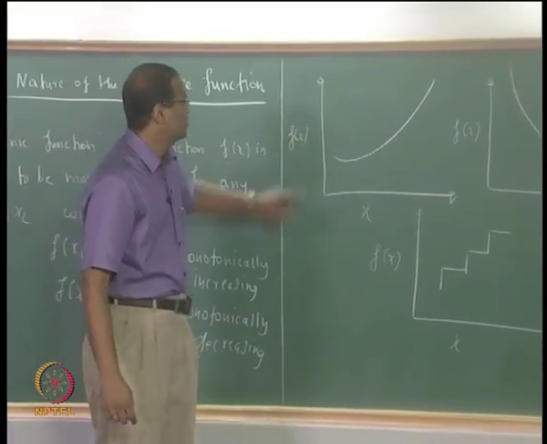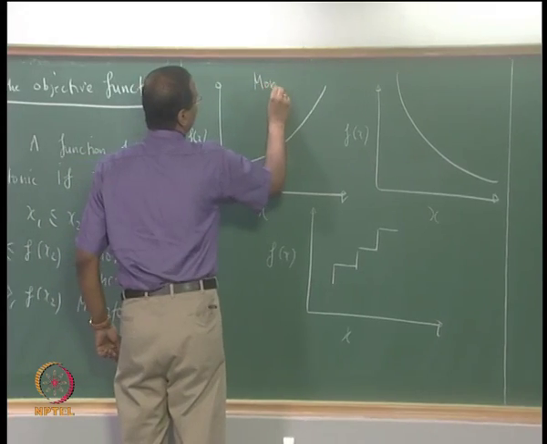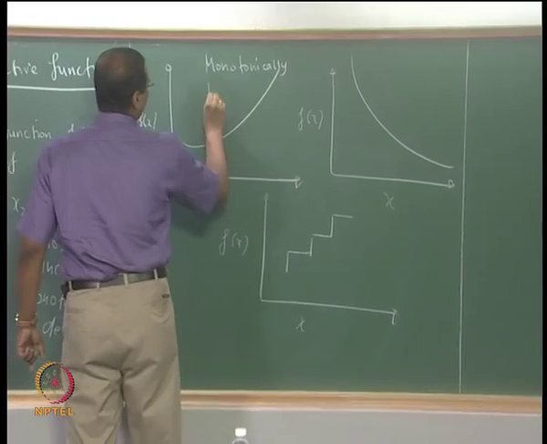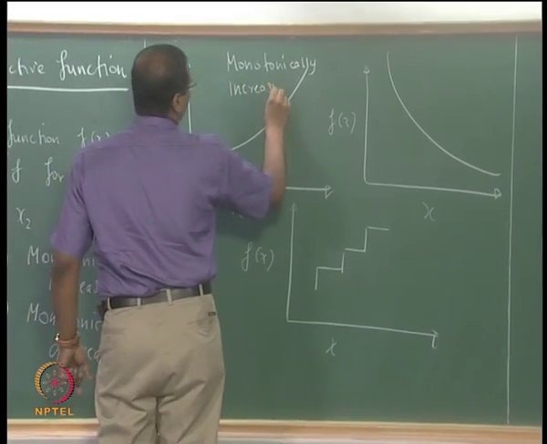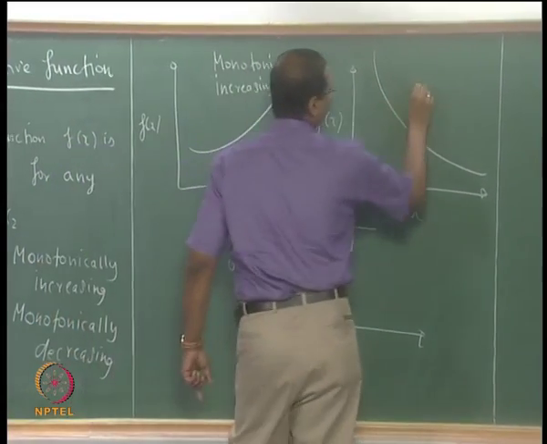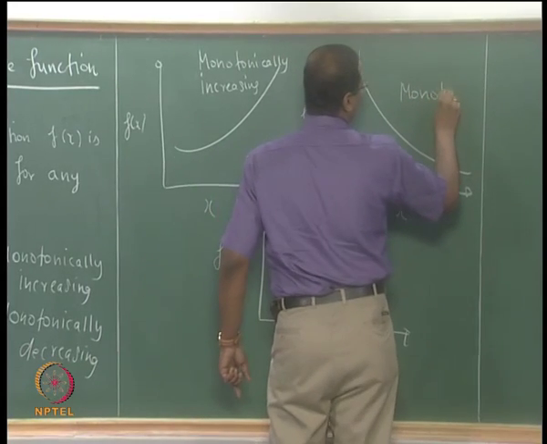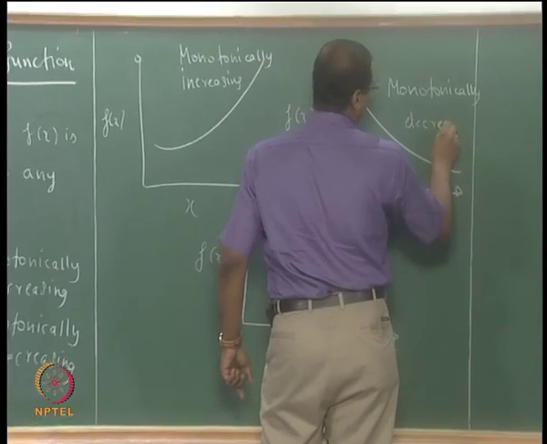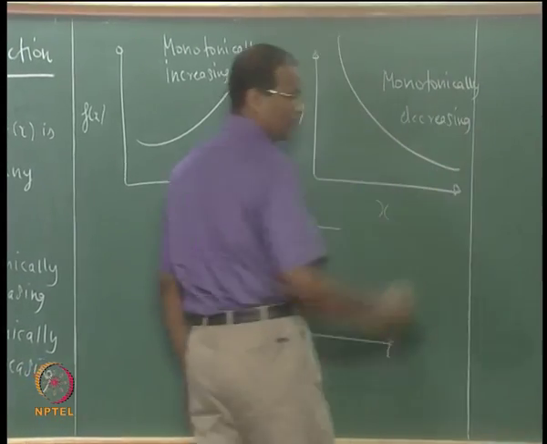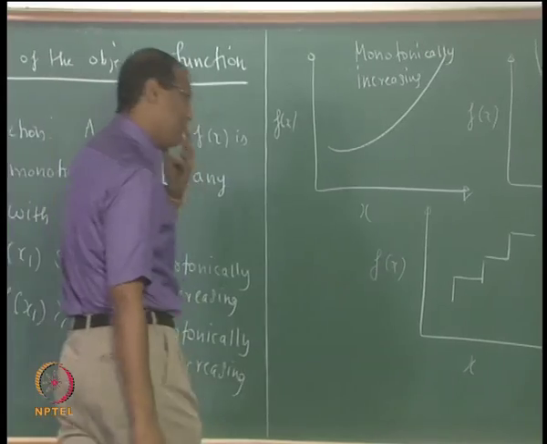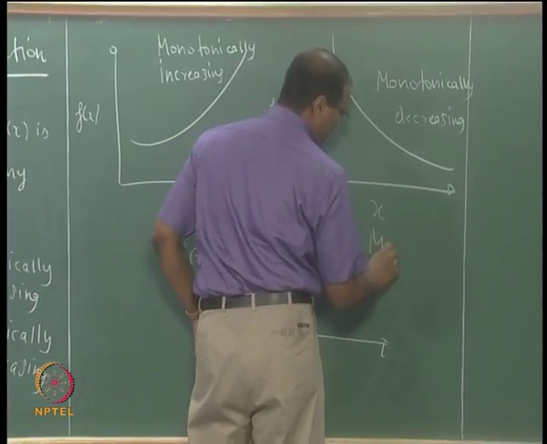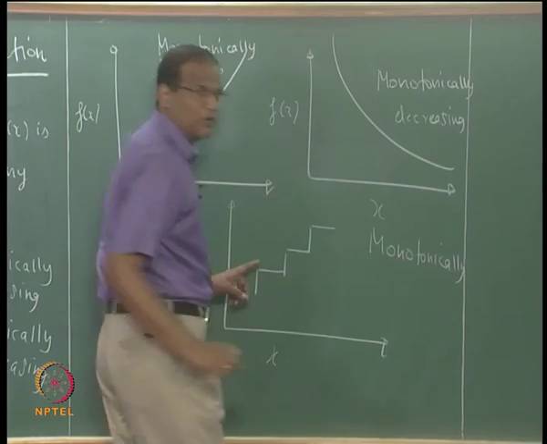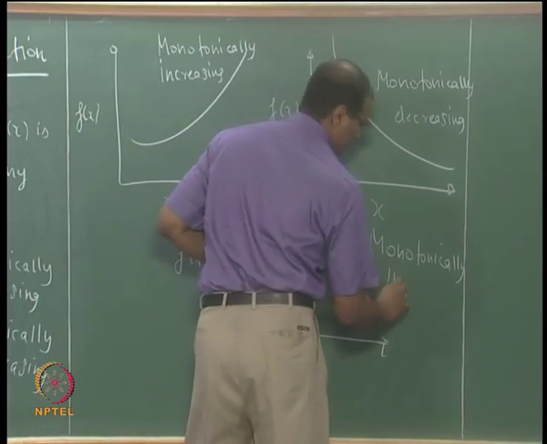Okay. Let us complete this. So this is monotonically decreasing, this is also monotonically, monotonically increasing.